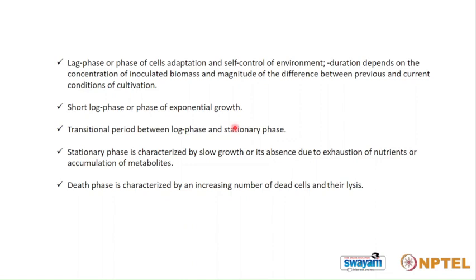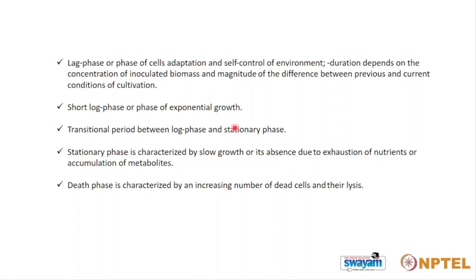The stationary phase is characterized by a very slow growth rate. This is due to the consumption of all the nutrients by the microorganisms. If there are no nutrients, the growth obviously will slow down, and there will also be accumulation of metabolites. So during this phase, the growth will be very slow or absent, and the population will be maintained.